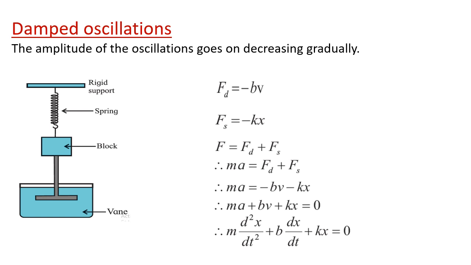Now the mechanical energy of this spring-block system is going to decrease with time as the energy is transferred to the thermal energy of the liquid and the vane. Okay, so this damping force actually depends on the nature of the surrounding medium, and this damping force is directly proportional to the speed, that is v.